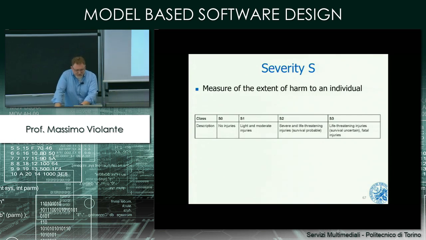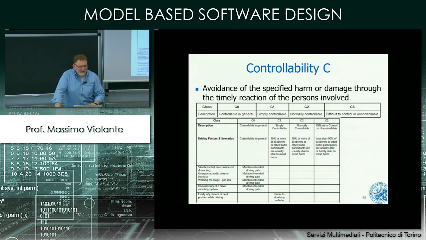Similarly, we have the controllability. As we said, the controllability is a measure of the capability of avoiding a specific harm due to the timely reaction of the person involved. This is a way of capturing the fact that in the hazardous event, there is a person in the loop. A person could be able to react, which is the capability of reacting. It depends on the event that is happening.